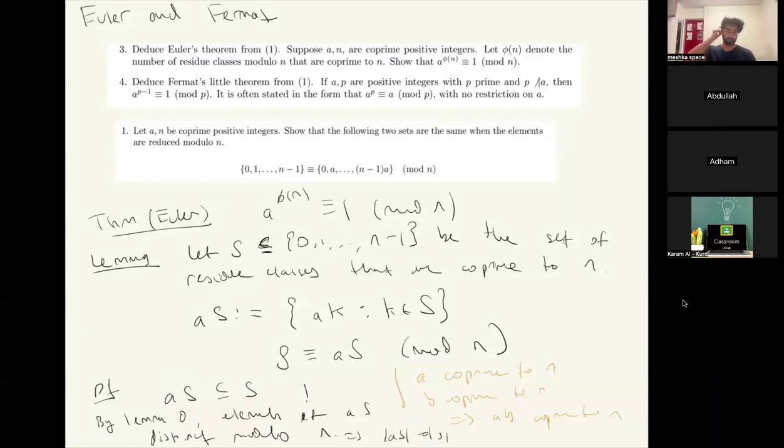Okay, so great. So now we proved this. This is a version of the fundamental lemma, or what I call the fundamental lemma. That's not a real name, but this is a version of the fundamental lemma for modular arithmetic, but for coprime residue classes. So from that, how do we deduce Euler's theorem?